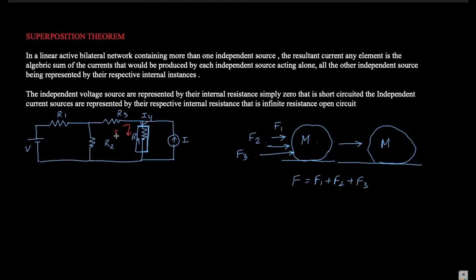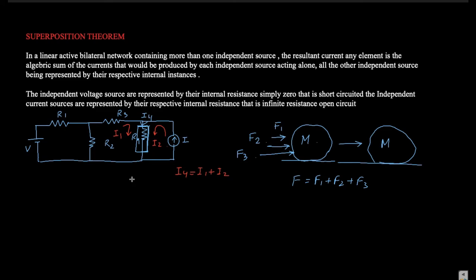If this is I1 and this is I2, where I1 is supplied by the voltage source and I2 is supplied by the current source, then I4 is nothing but I1 plus I2. So some part of I4 is supplied by the voltage source and some part by the current source, and the summation of these two currents gives you the total current I4 flowing through R4.